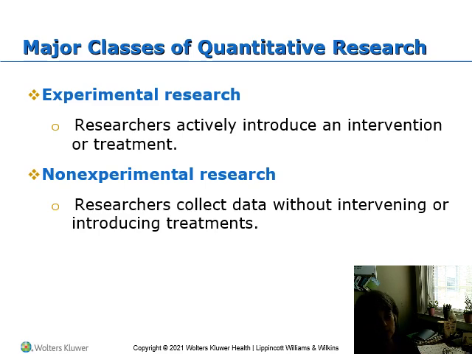Randomized controlled trials are actually the highest level of research studies. Like I said in the previous presentation, we don't do a lot of that in nursing because there aren't many interventions that we randomize.